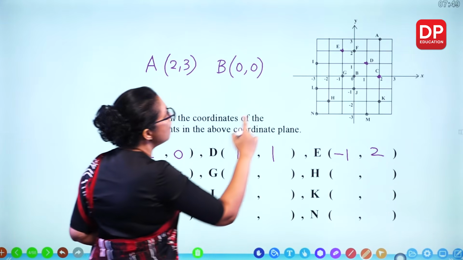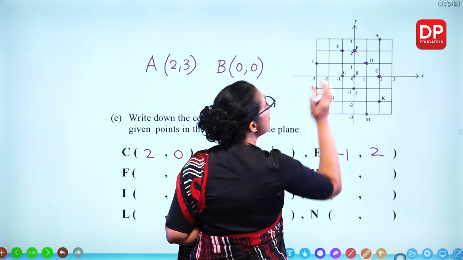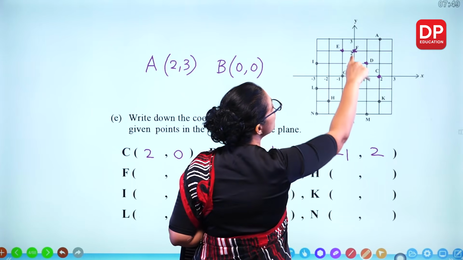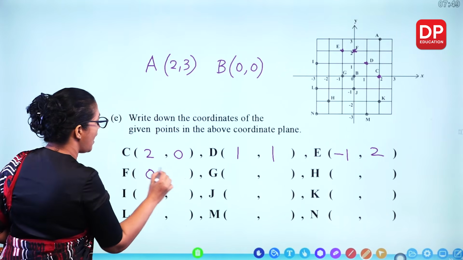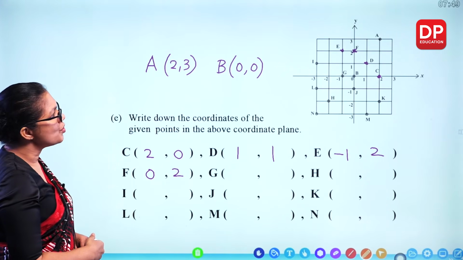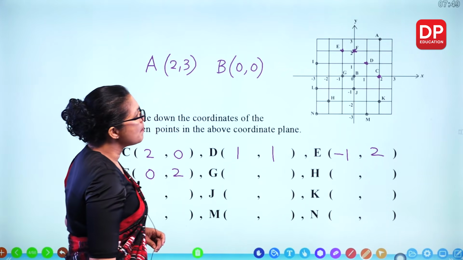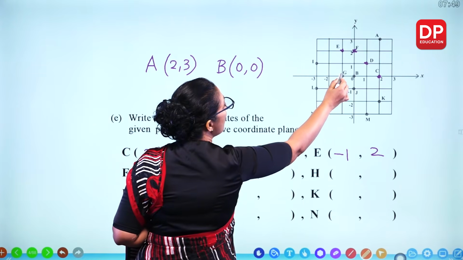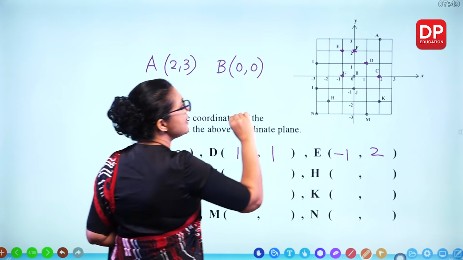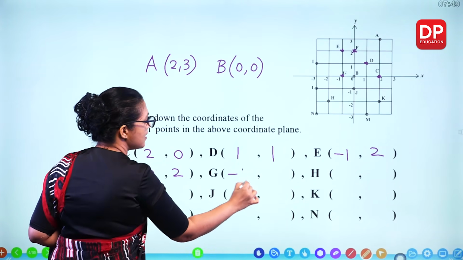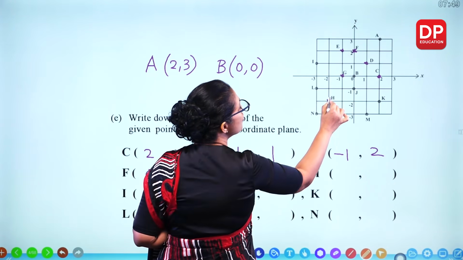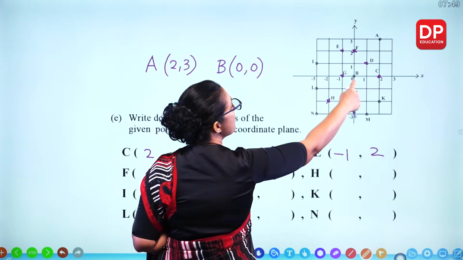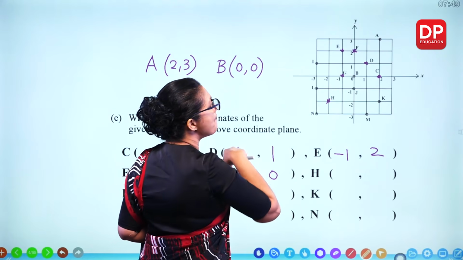F, where's F? On the y-axis, 2 squares up. So x is 0 and y is 2. G is on the x-axis, (-1, 0). H is here, (-2, -2).